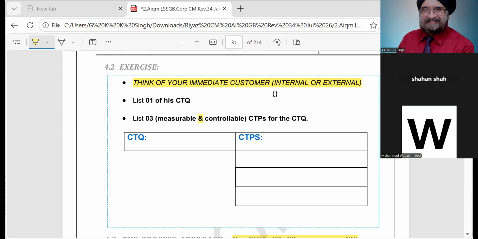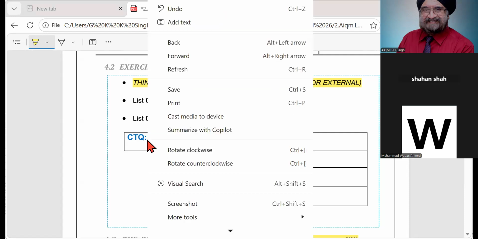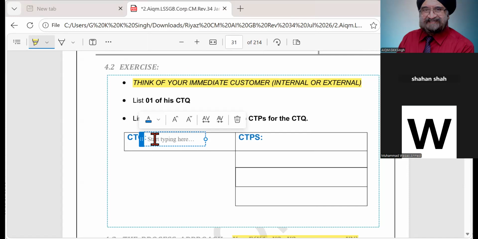So I'm waiting for your answer in the chat window. So the CTQ here is an accurate report on 3rd of every month.